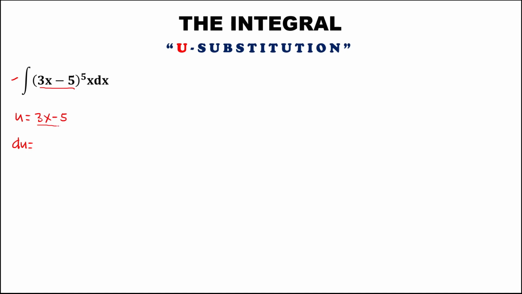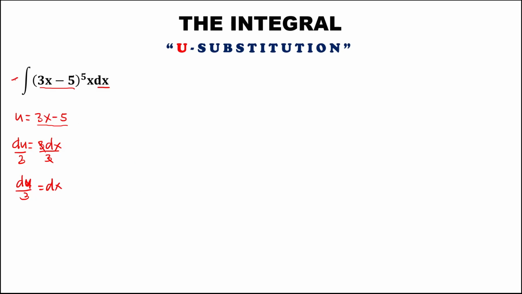So the derivative of 3x minus 5 is 3 dx. Then to solve for dx, divide both sides by 3. So therefore, du over 3 is equal to dx.